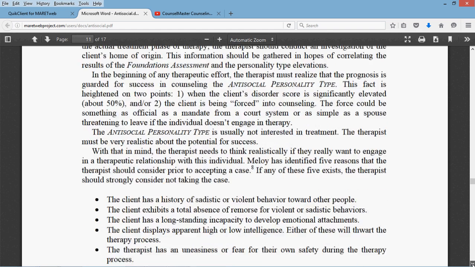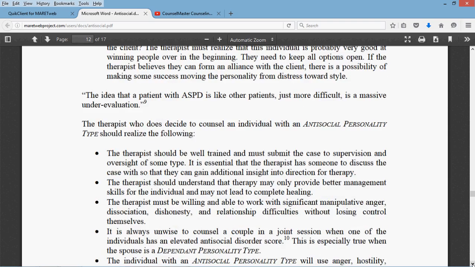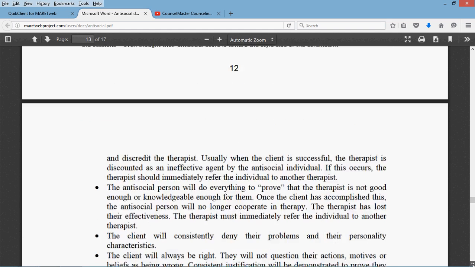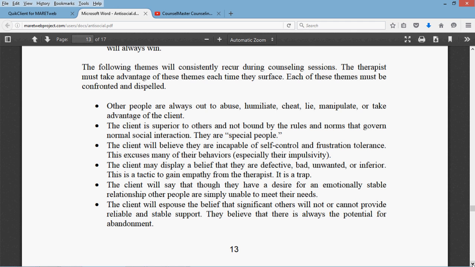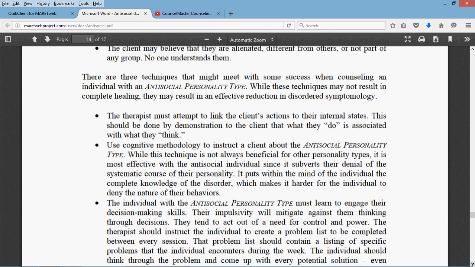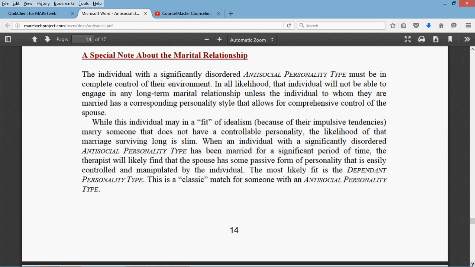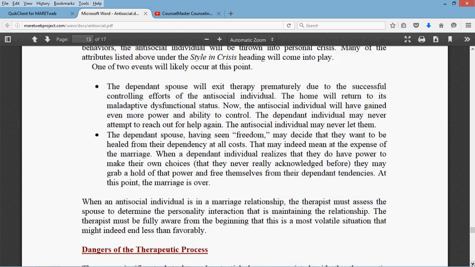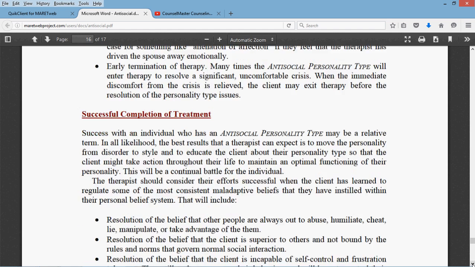The therapy recommendations here are kind of a roadmap for you, suggestions, things you may want to try, and some kind of warnings for you, things you may want to watch out for with specific personalities. Sometimes there will be other issues, like this one has to do with marriage, dangers of the therapeutic process.